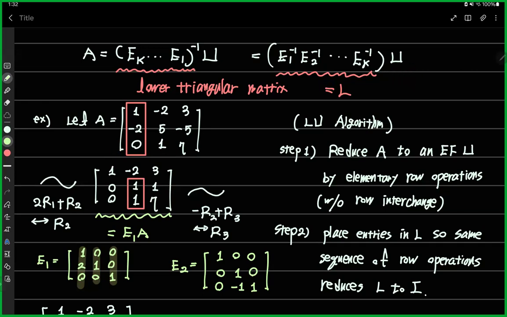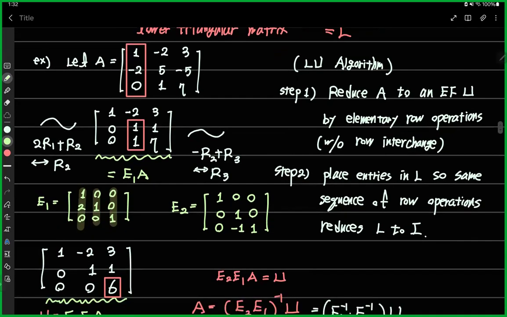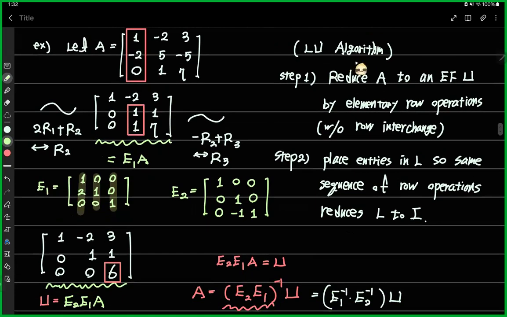That echelon form is going to be U. That's just step one in the LU algorithm, where we don't apply the row interchange. And then the step two in the LU algorithm differs from what we did here by finding E1 and E2 and the inverses of E1 and E2.